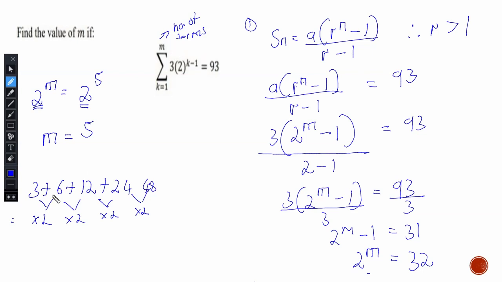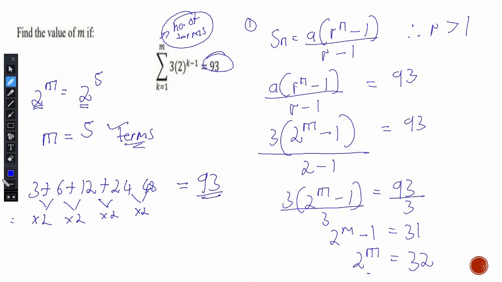So how many terms are there? 1, 2, 3, 4, 5. Now, this is saying if we add these 5 terms, we are supposed to get 93. Is that true? Let's see: 3 plus 6 plus 12 plus 24 plus 48. And voila, exactly we get 93. So we have found that the number of terms we have to add into this series in order to get 93 is 5 terms.